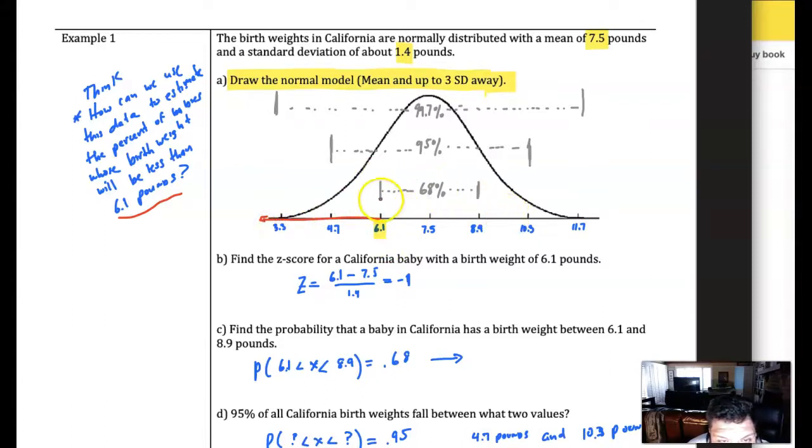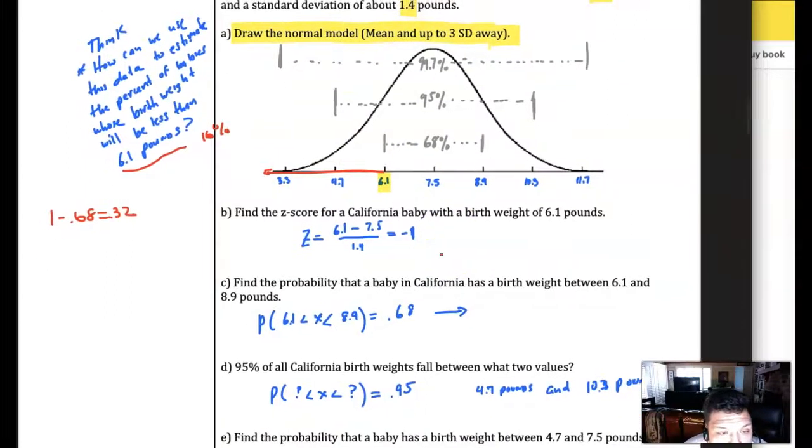If I know this is 68%, what's left over is 32%, so 1 minus 0.68 is equal to 0.32. And one thing about normal curves, they're symmetric. So if that's 68 there, then I know there is 16 on this side and 16 on this side. So technically 16% would be our answer. But we're going to look at the tools to get that. That's how we would use this graph.